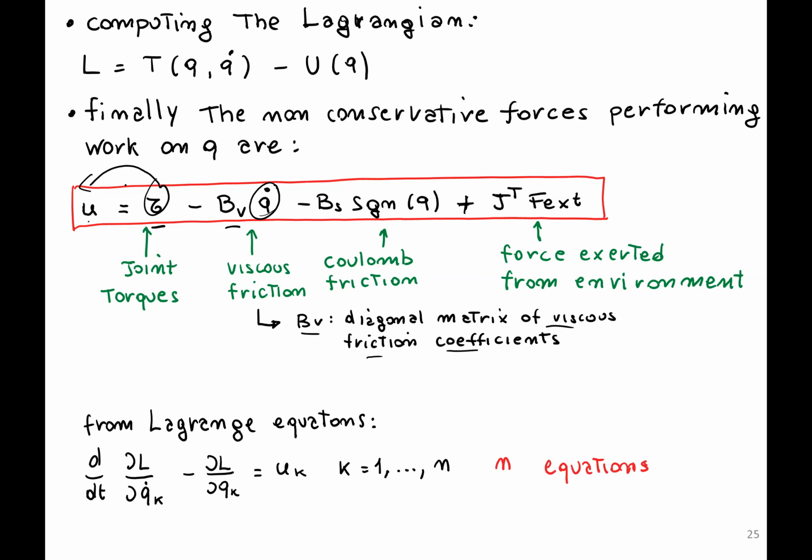Then we can now apply the Lagrange equation to compute the dynamic model. These are n equations, one for each joint from 1 to n. But to do this derivation, we need a little bit of a break because it's quite involved.